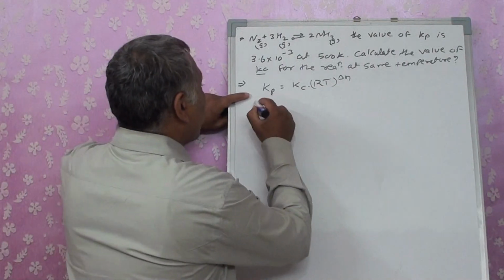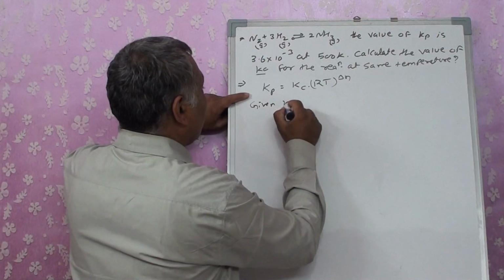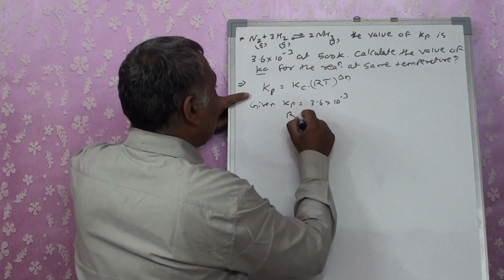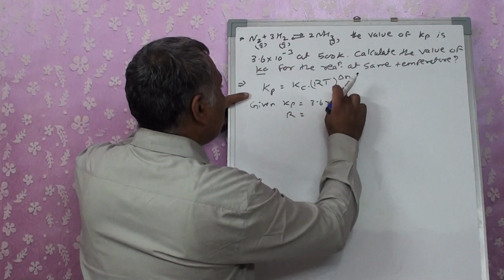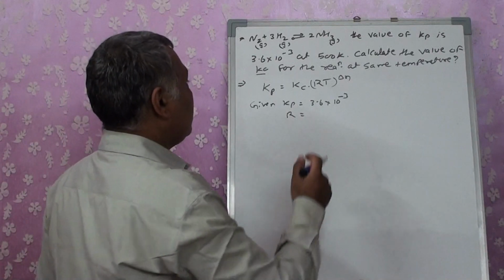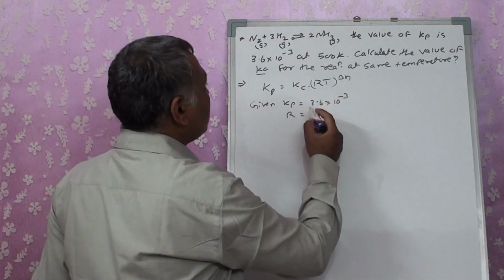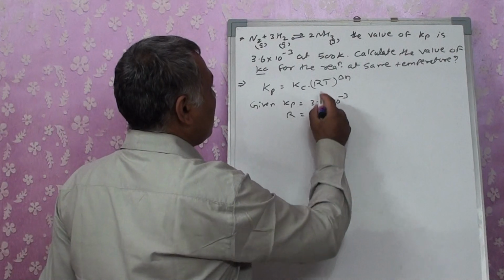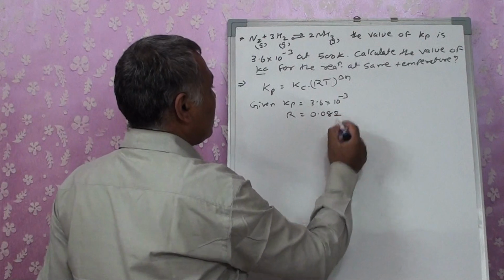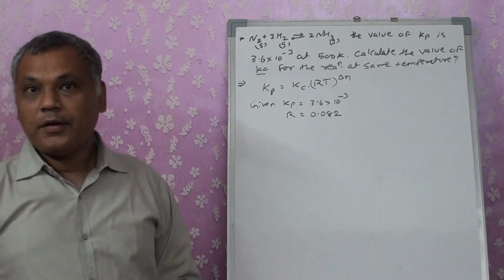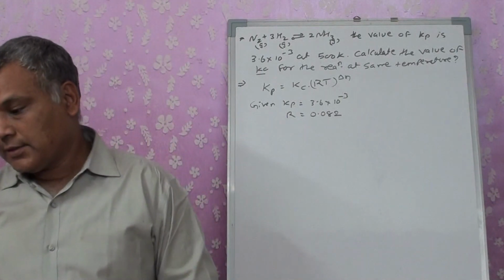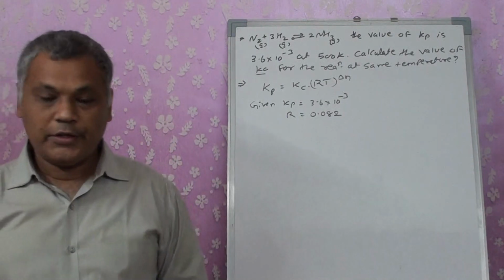Now, given to us, Kp is 3.6 into 10 raised to minus 3. R is the gas constant, and we will be taking it as 0.082, right? Now the question arises, why 0.082?